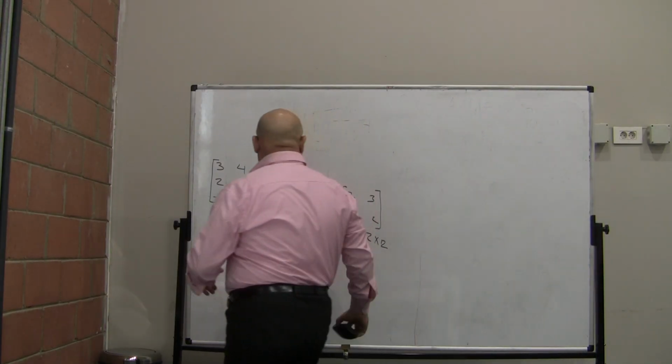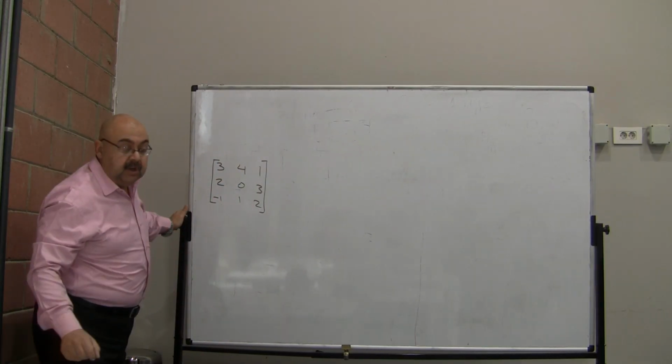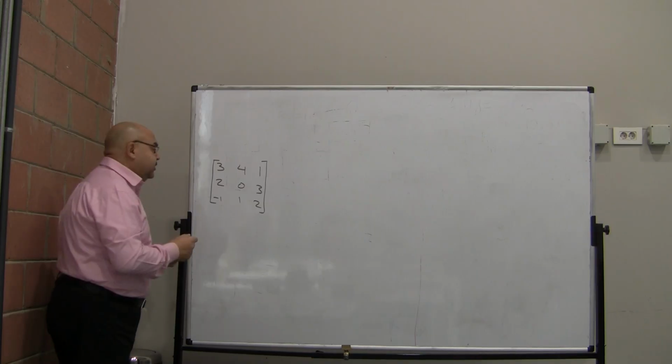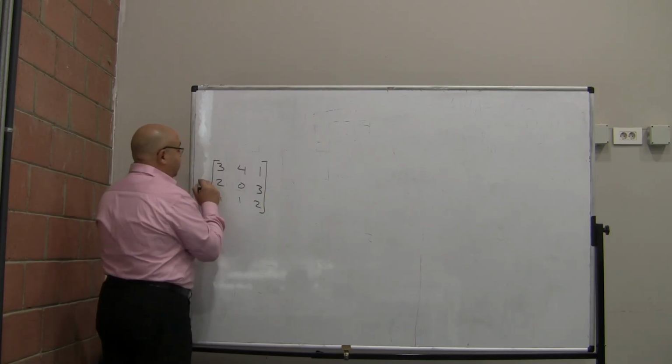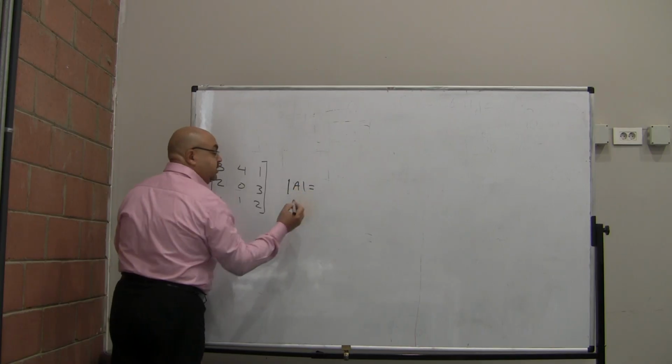How to evaluate the value of the determinant of this matrix? Anyone? How to get the value of the determinant of this matrix? So like, if this is the A matrix, so the determinant of this A matrix can be done.